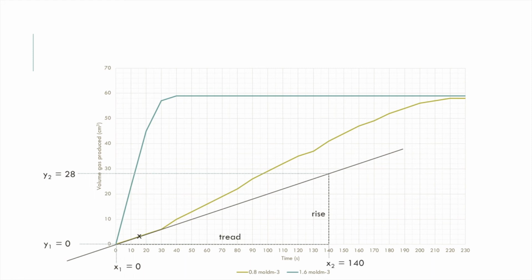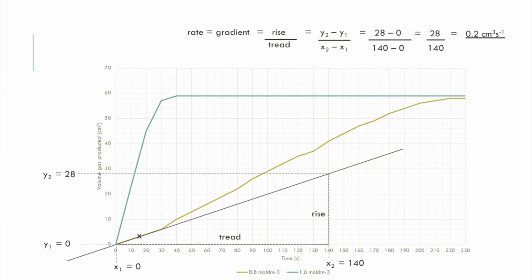So as I've said, the rate is equal to the gradient of the tangent, which is calculated by rise over tread. The rise is y2 minus y1, and the tread is x2 minus x1. Plug those numbers in, and we get 28 minus 0 divided by 140 minus 0, which is just 28 divided by 140. This gives us a rate of 0.2 centimetres cubed per second.